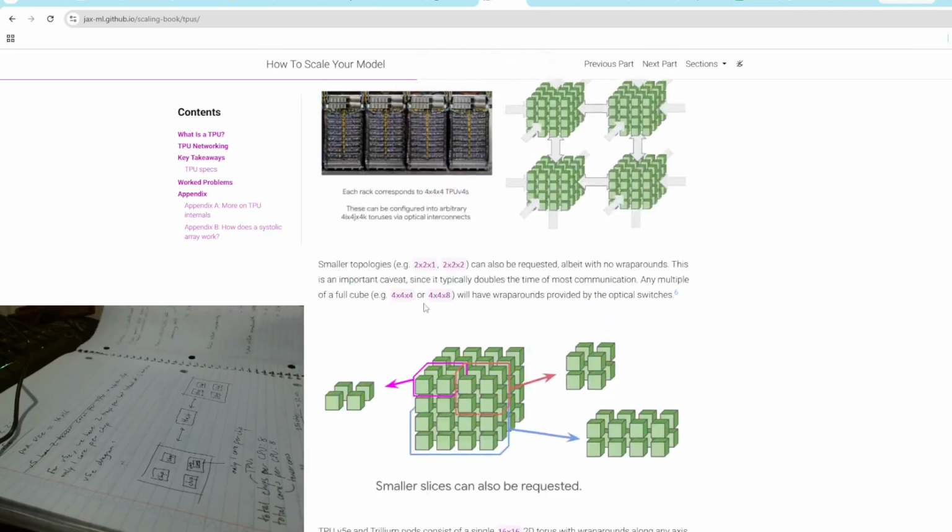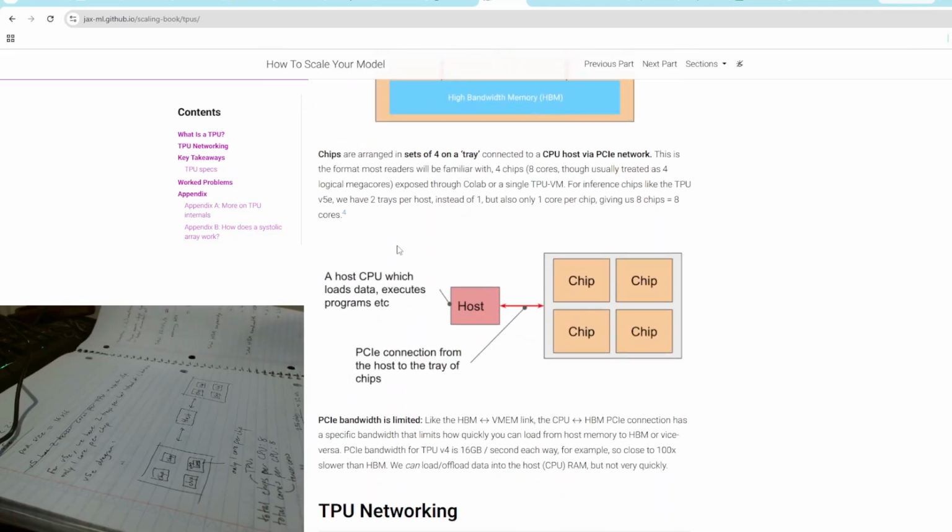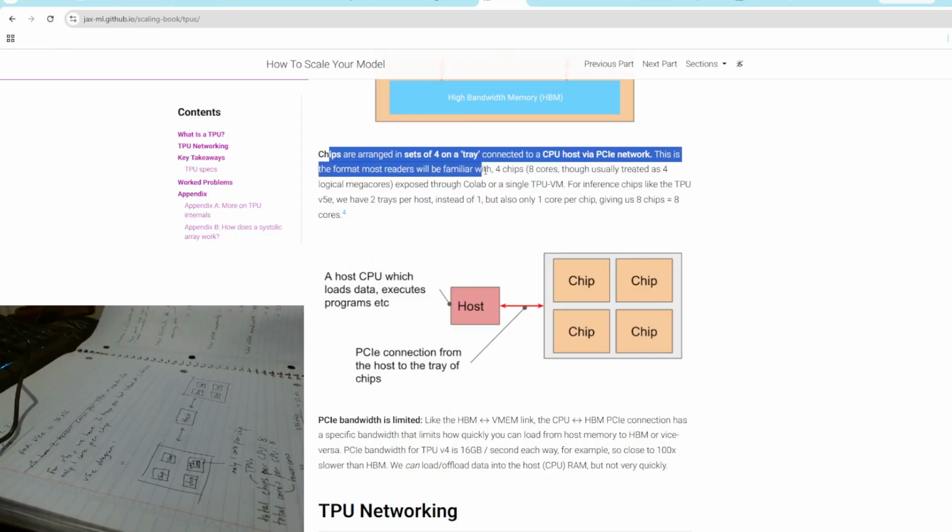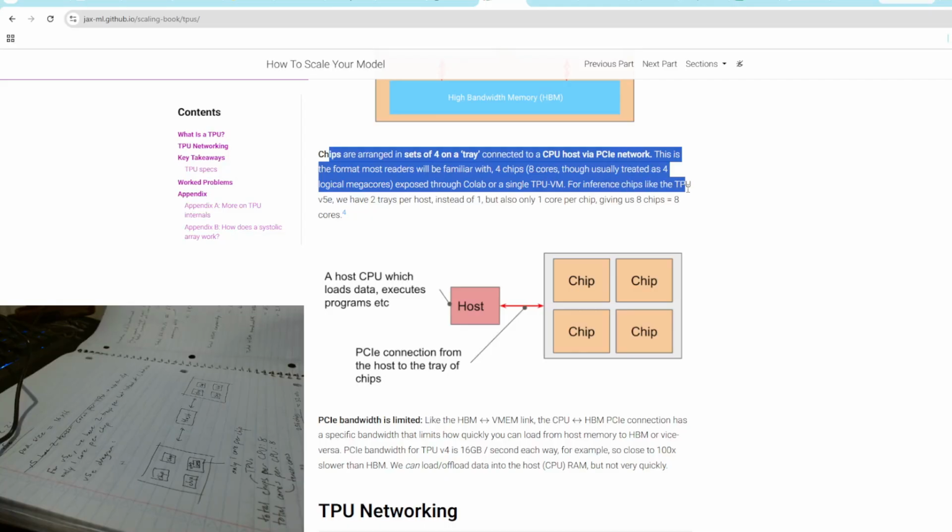So, did they say specifically what this diagram is for? It says 4 chips on a tray connected to a CPU host via PCIe. 4 chips, 8 cores, 4 logic cores. It's a collaborative single-CPU VM for inference chips like TPU. We have 2 trays per host instead of 1. Also only 1 core per chip.